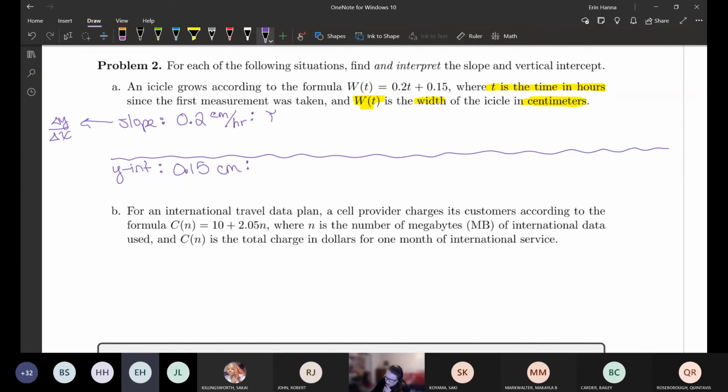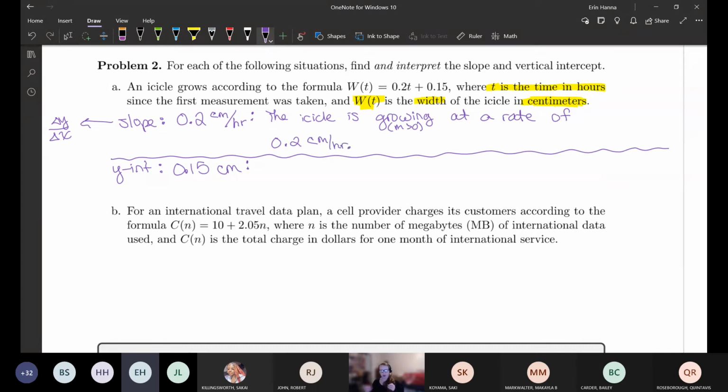So we would say that the icicle is growing, specifically because the slope is positive. The icicle is growing at a rate of that slope value, in centimeters per hour.